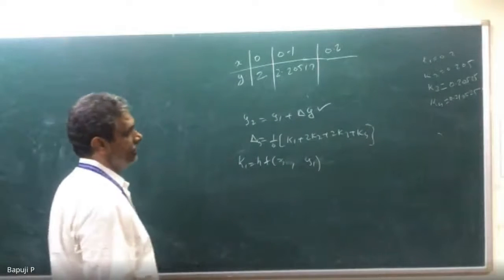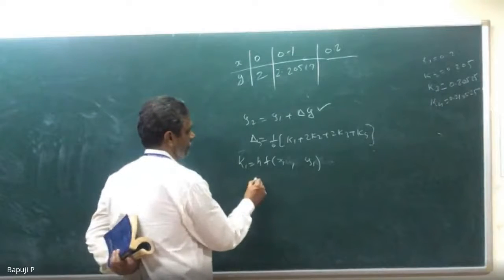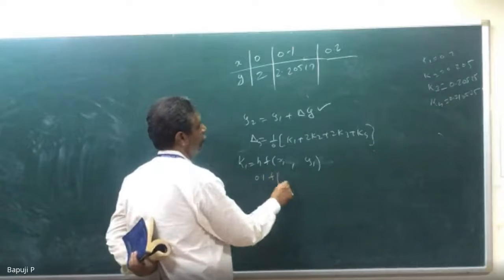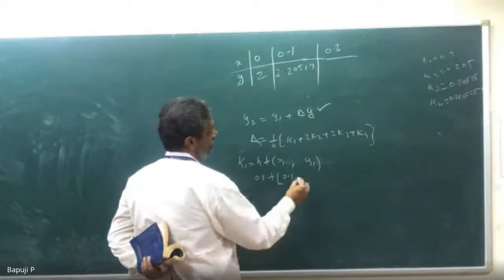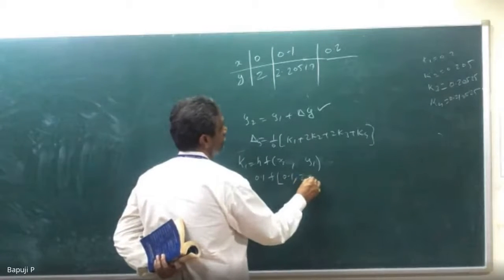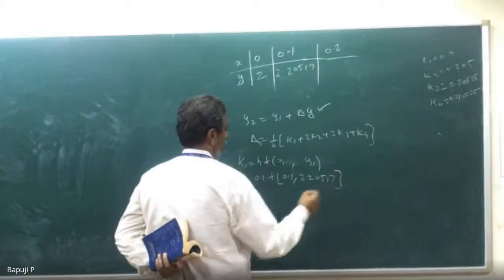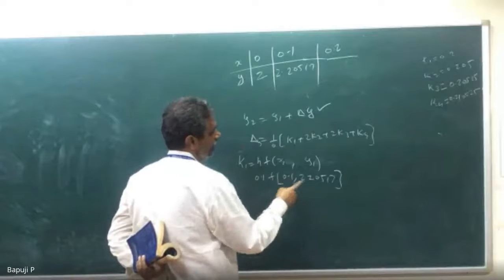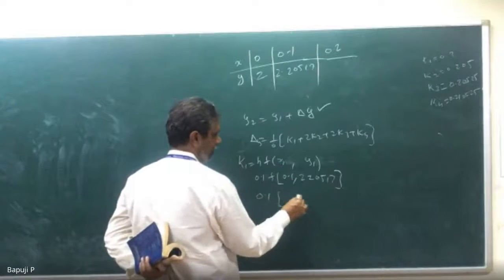K1 is equal to what? f of x1 comma y1. Now h is what here? 0.1 only. f of who is x1? 0.1. Y1 is what? 2.20517. So function value is 0.1 and this, y minus x.